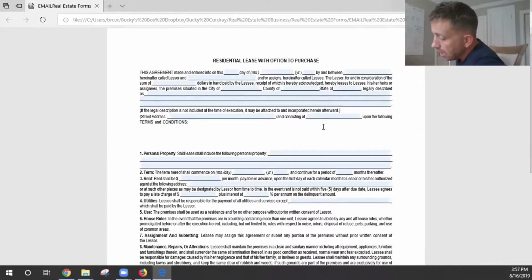A lease purchase obligates the tenant and buyer to buy the property within the term of the lease, whereas a lease option gives the tenant buyer the right or option to buy the property, and the seller must sell. Okay, does that make sense?